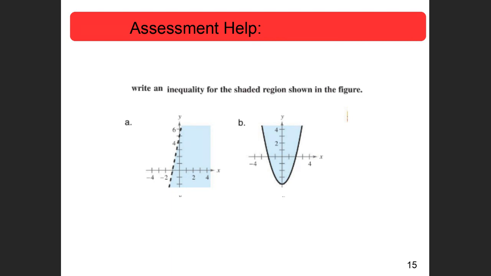I'm going to be pretty strict on my answers here, because it looks like it crosses right here, and it looks like it crosses right here. So what is the equation for that inequality?